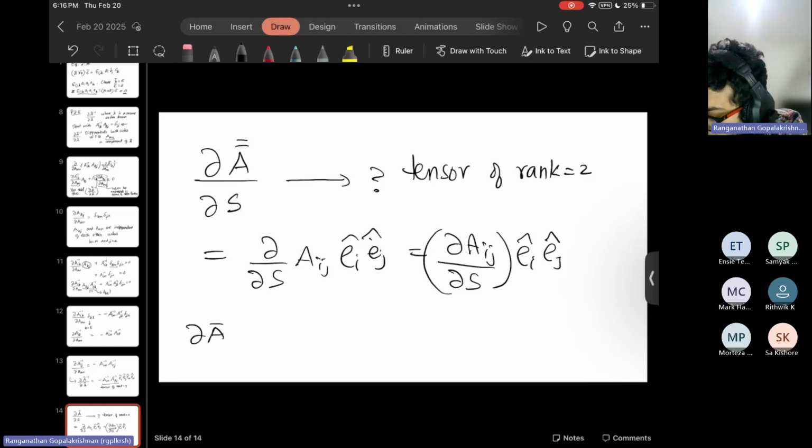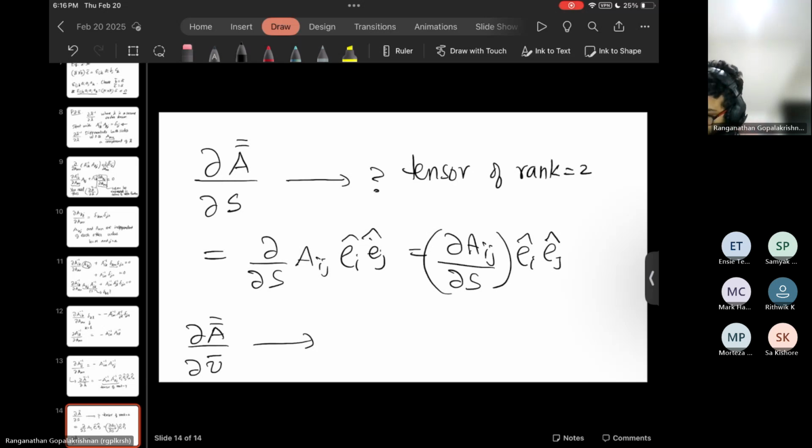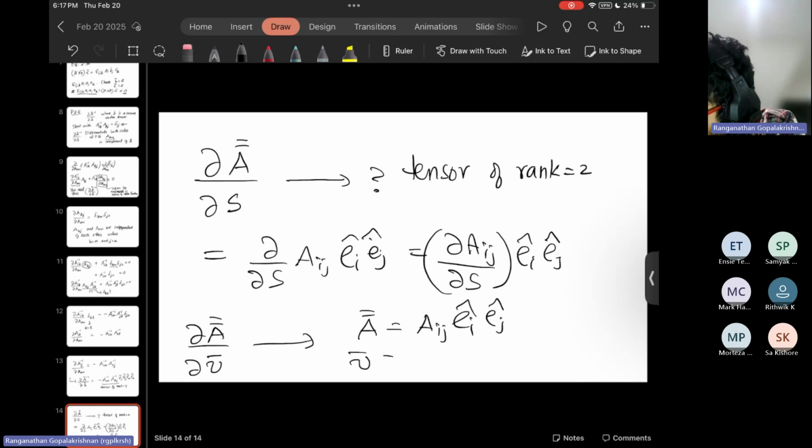If you differentiate a tensor with respect to a vector, what is the order of the resultant quantity? You would in general write A equals A_ij e_i e_j, and V equals V_k e_k, because there is no reason to think A and V share some common components or common directions.